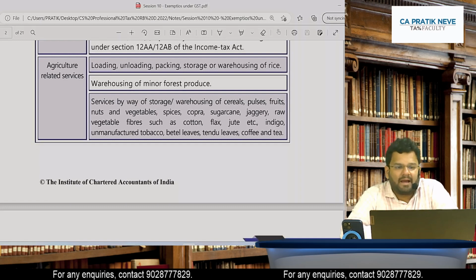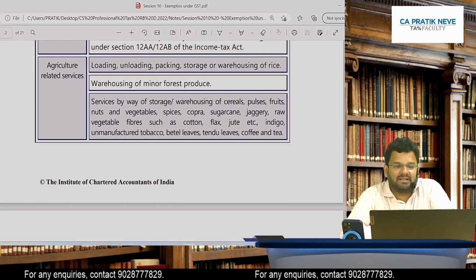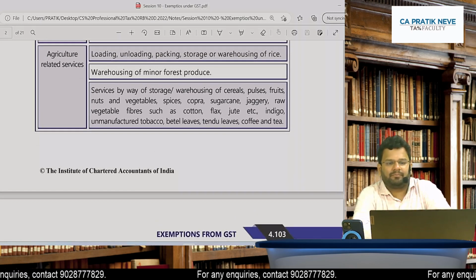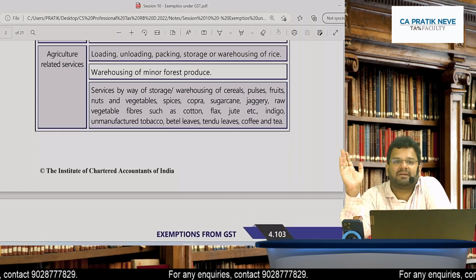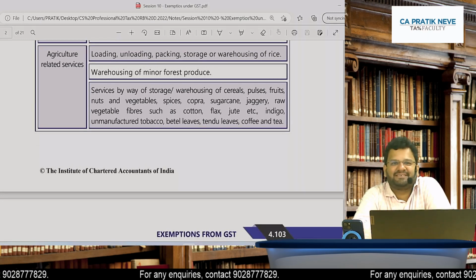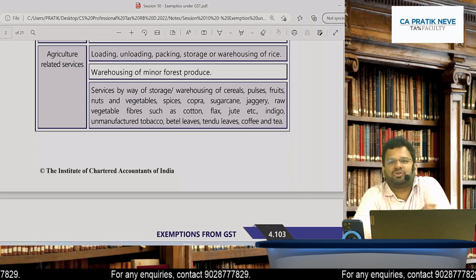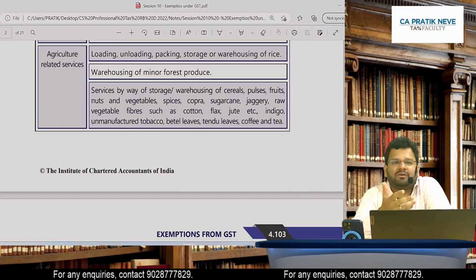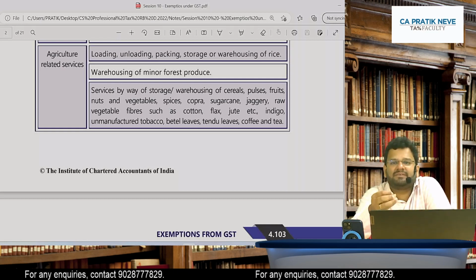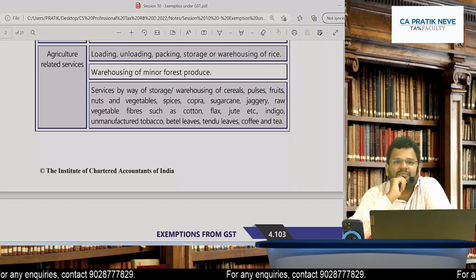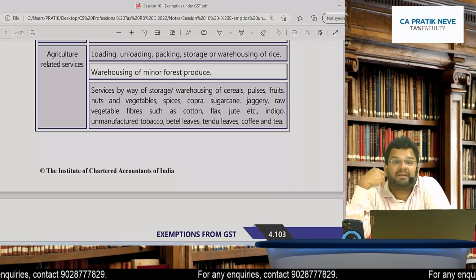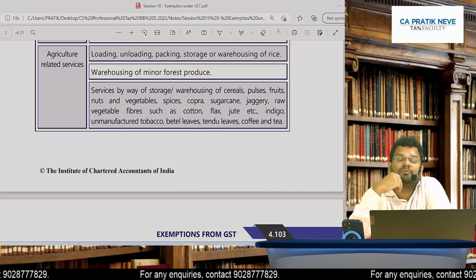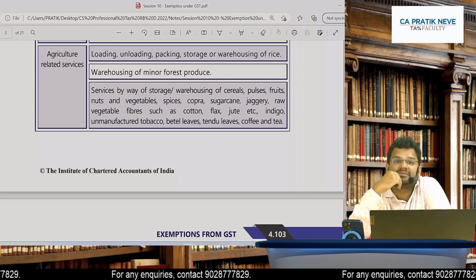Then let's go to agriculture related services. Most of the agriculture related services will be exempt. Most of them. Means what? Maybe some training services are given to farmers, maybe letting out of machine is involved, agency services are involved towards agriculturists.